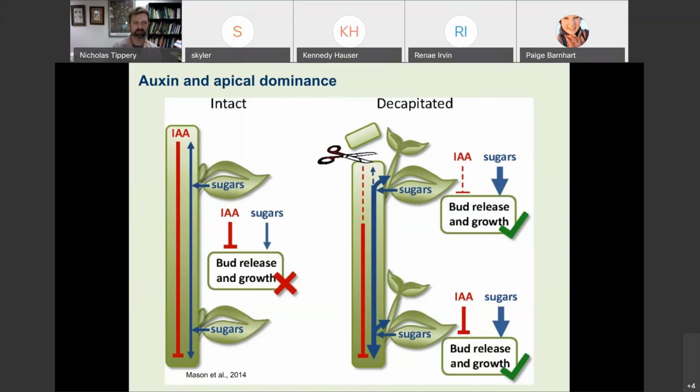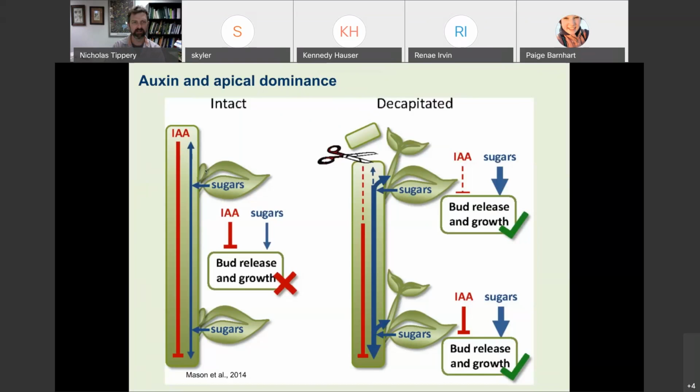As I mentioned, auxin is made by the shoot tip. It encourages growth at the tip. It also has an interesting side function called apical dominance that we also talked about before, where side buds, these lateral axillary buds close to the tip of a shoot, are prevented from growing.